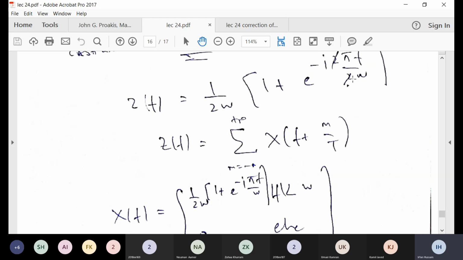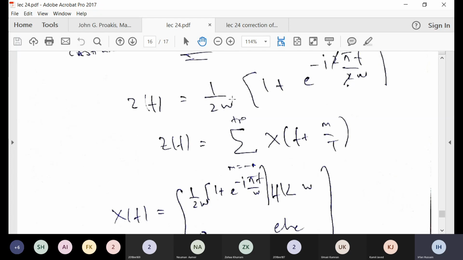So the value of X of f for one time period, which was 1 over T, so X of f for an interval of W will be totally this thing. And this whole term will be repeated for negative and positive frequencies, and then you can repeat this for all other frequencies. They will not be overlapping, right?